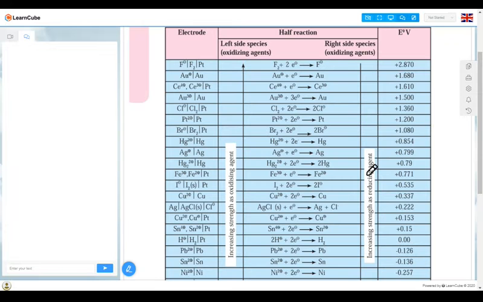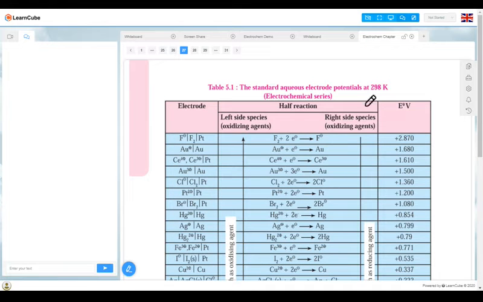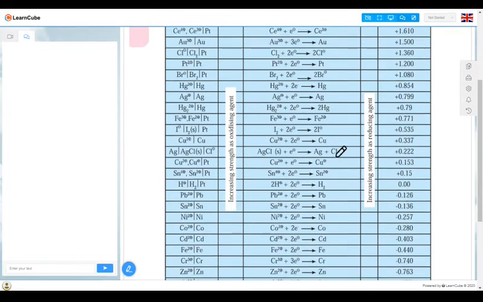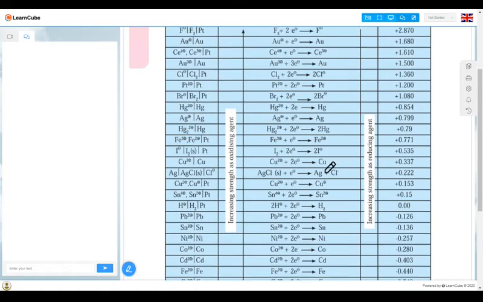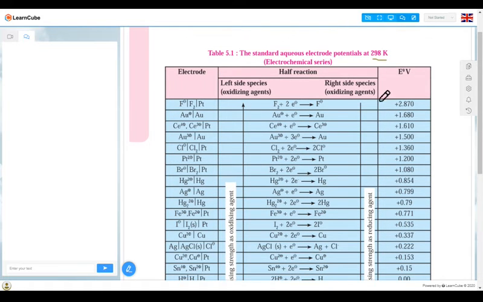This is the standard reduction potential table. Here these are basically reduction potentials. We measure the reduction potential of the standard electrode at standard conditions: 298 Kelvin, the concentration of the ions is 1 molar, and pressure is 1 atmosphere. So in this we can get the E naught of all these electrodes.